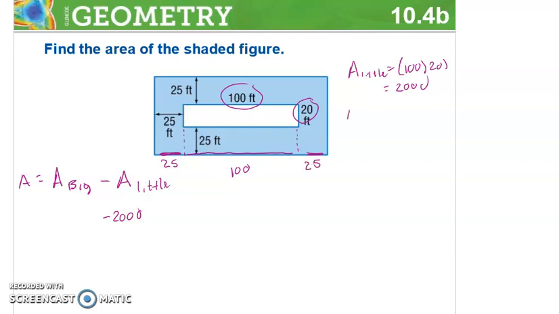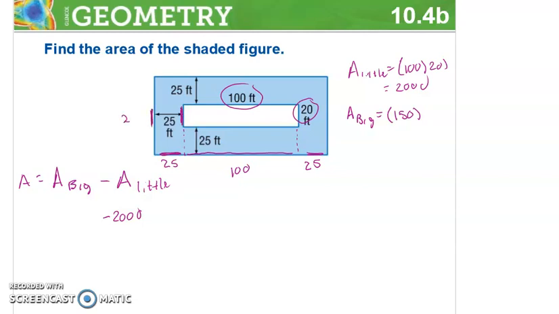So that means for the area of the big one, this is going to be the base equals 150 because I added those together. Then we're going to do the same thing for the height. So the height of this one, if you notice, that tall is 20.